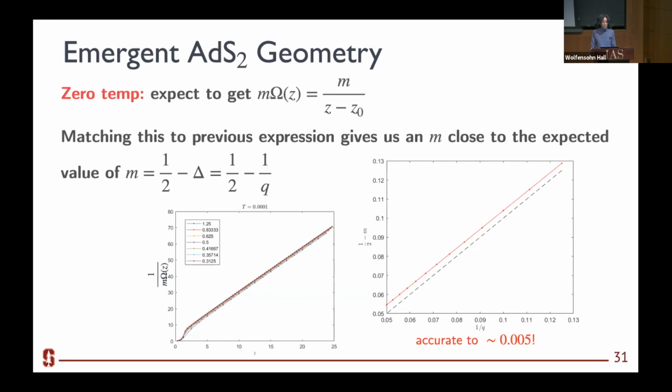Thanks for the talk. It seems like an incredible result. Do you have any comments about how this discretized bulk will behave under diffeomorphisms or something like a boost? So, if you want to define such operations in the bulk, you have to be a little bit careful because you are discretized.